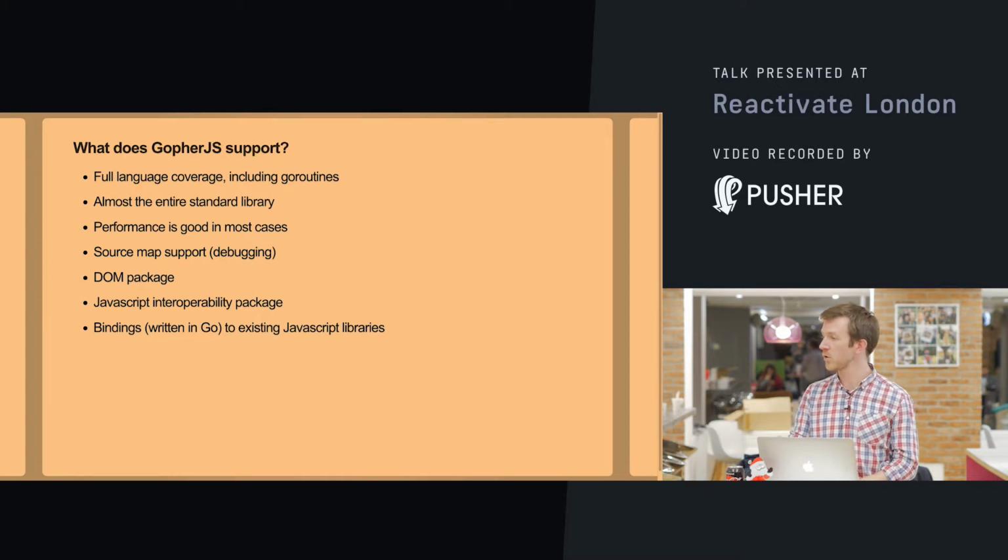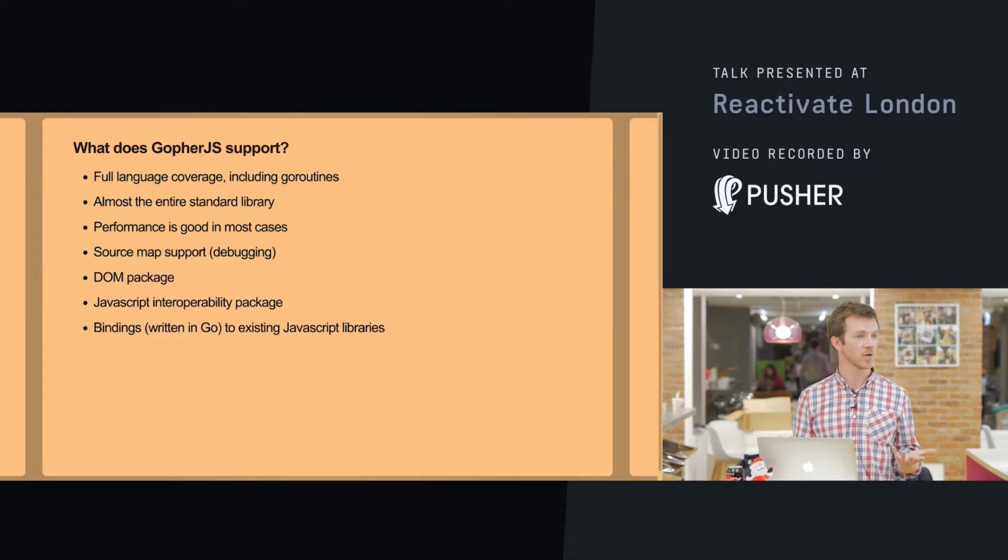The performance is pretty good in most cases. It's nowhere near as optimized as some other compilers and transpilers out there, but it's pretty good. And there is an HTML5 game engine example that's written using Gopher.js. So that gives you some idea that actually the JavaScript that it generates is pretty performant as well. Source map support, a DOM package for interacting with the DOM, a JavaScript interoperability package.